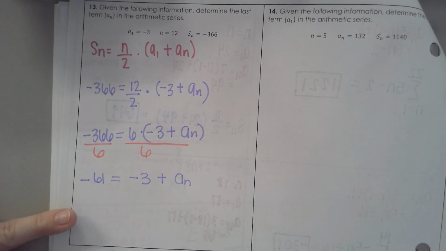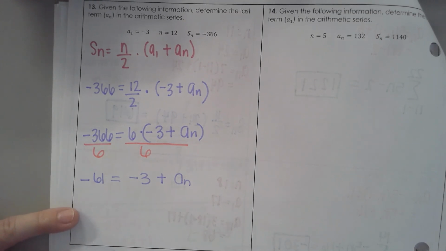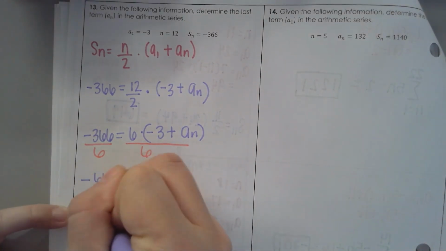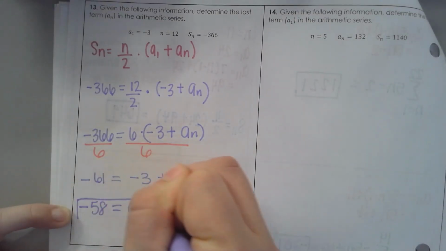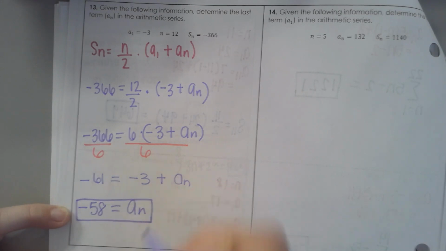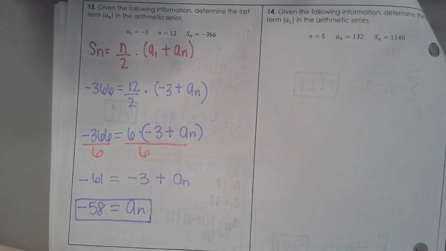And how do I get an? Add 3. Negative 58 equals an. Are there any questions on that?